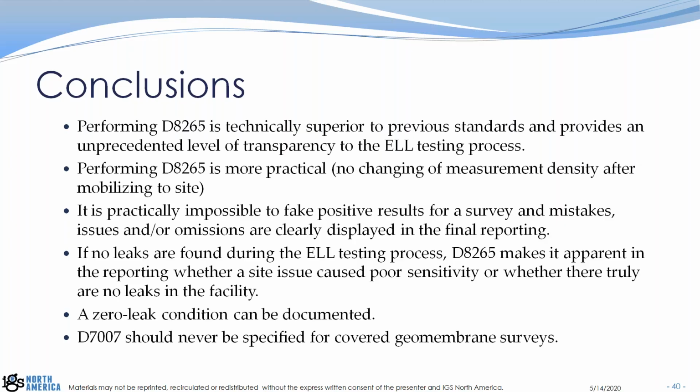But everything before now has been very nebulous, and the report output for D7007 is really not reviewable by anybody. It states whether or not there were leaks found and where, and that's basically it. So now we do have tools for documenting a zero leak condition, and it's my feeling that D7007 should be replaced by this standard. At a very minimum, this standard should be seen as a much improved alternative.